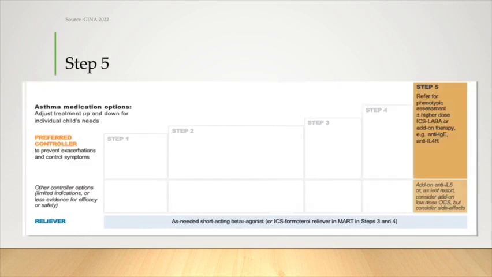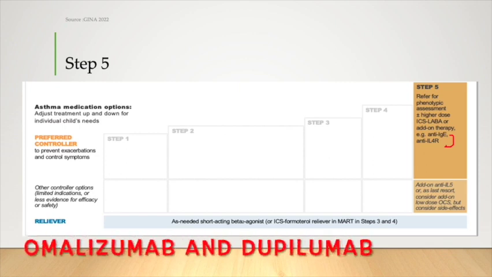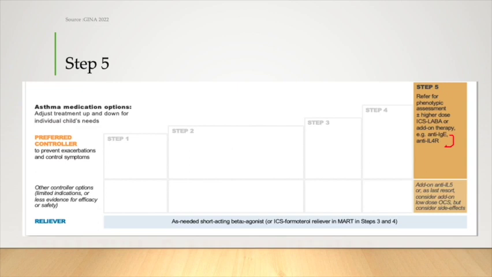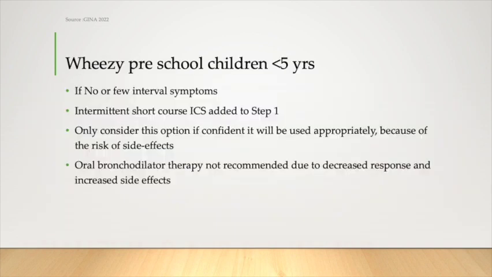In step 5, children should be assessed for phenotype. A higher dose of ICS LABA can be given, and 2 biologic therapies are now recommended for children: anti-IgE omalizumab and anti-IL-4 dupilumab. But again, they are to be added as a last resort, once we have made sure that all the steps have been taken care of.